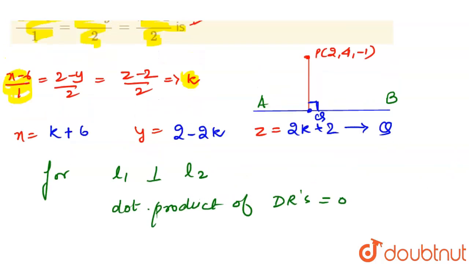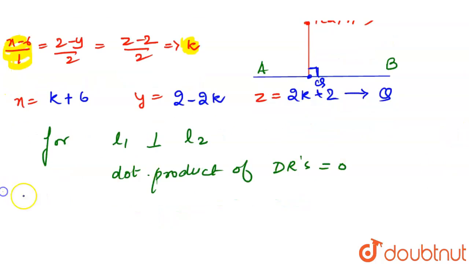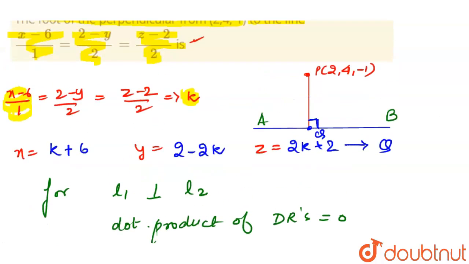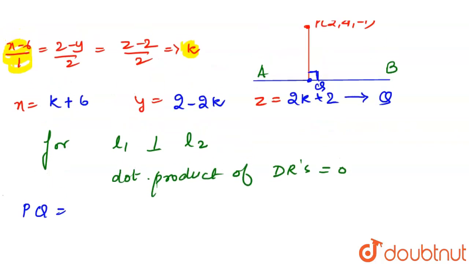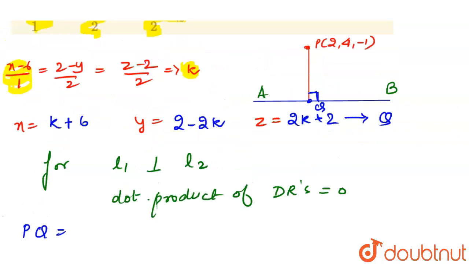And we can find the direction ratios of the line PQ. Q point is (k + 6, 2 - 2k, 2k + 2) and P is (2, 4, -1). The direction ratios will be x2 - x1. So x2 is k + 6 and x1 is 2.